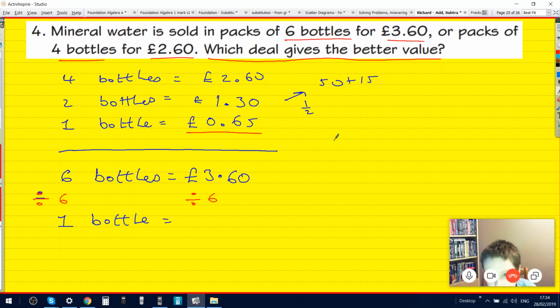When I did £3.60 divided by 6, I got an answer of 60p.